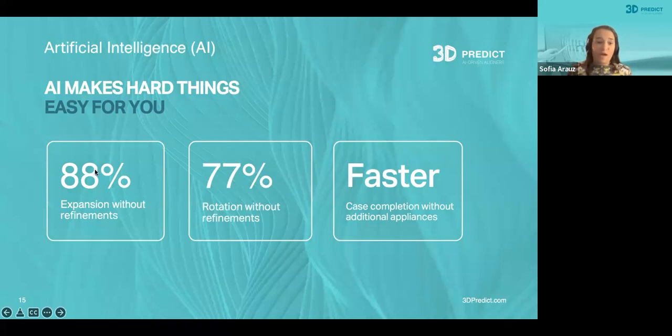Because of this, we have a lot less refinements, as you can see here in expansion, rotation, and our cases are completed faster just because we have the AI and we don't need additional appliances for a lot of the movements we're doing because we know, like I said, where we're starting, so we know where we're going.